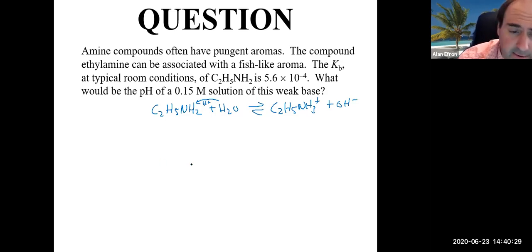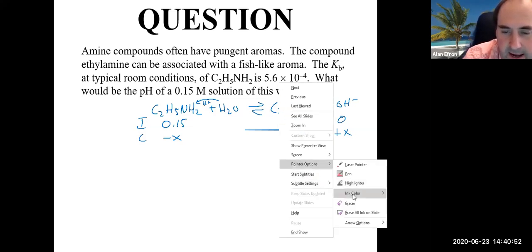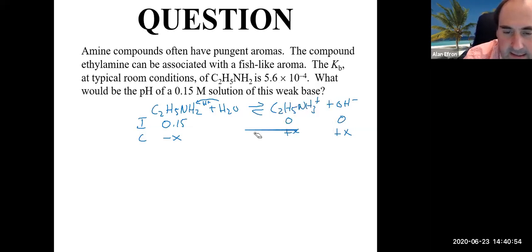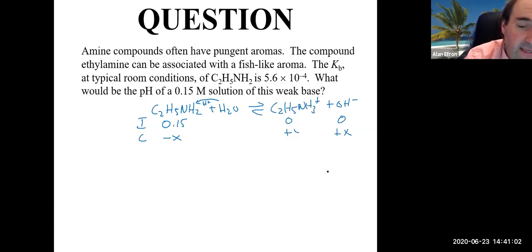We're going to do our ice table. 0.15, 0 and 0. Change is going to be minus x, plus x, and plus x there. Now, you also notice that I pretty much have ignored water, and I would be ignoring water because it's not going to really participate in the equilibrium.